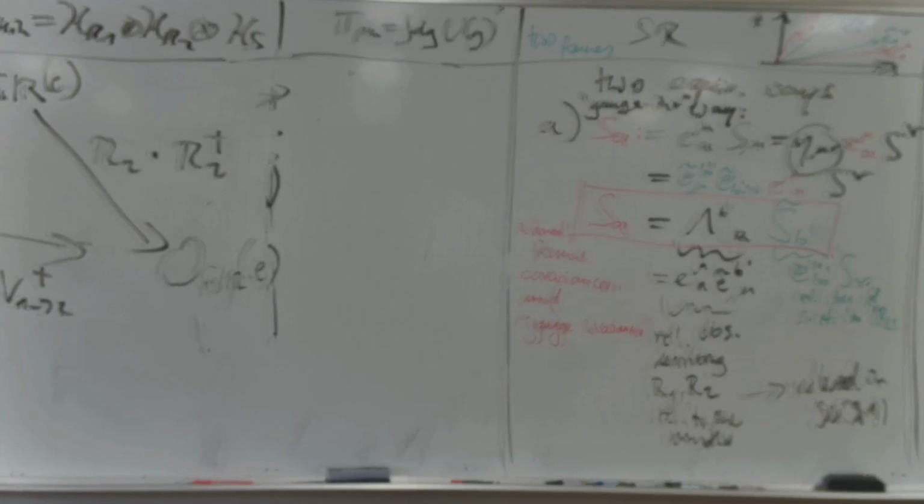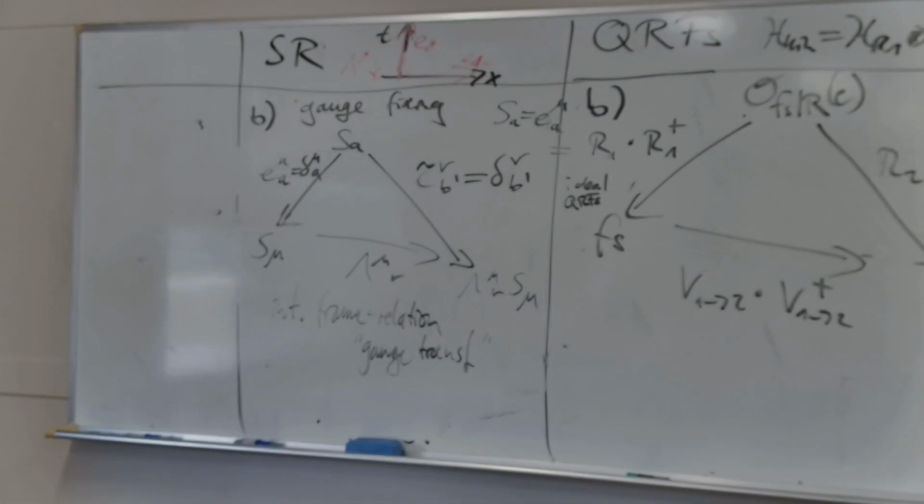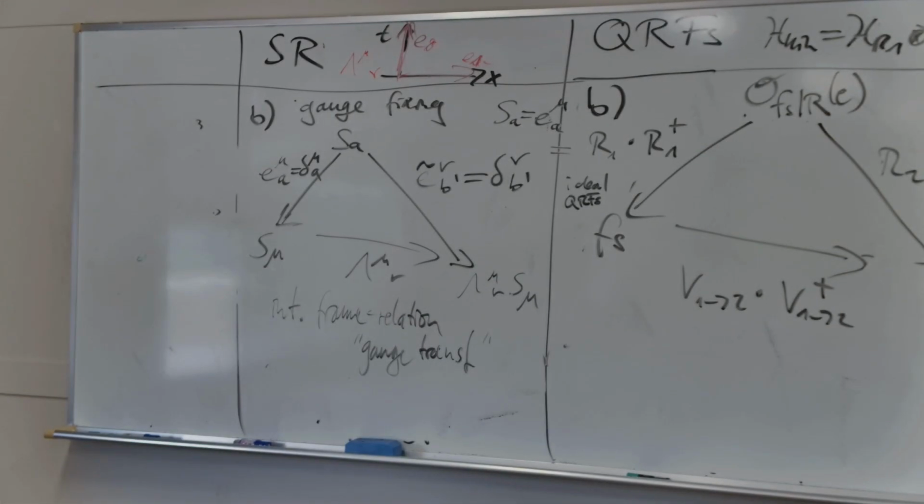So really what we want to do is find a transformation of F_S, R1, and for simplicity let me keep it again at the identity configuration of the reference frame.